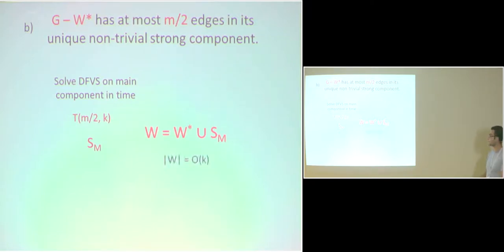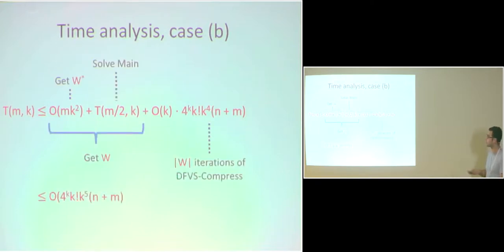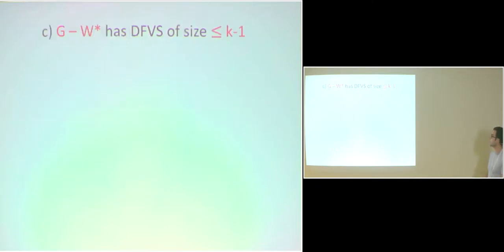And that's a feedback vertex set because after I remove W star, all of the other vertices that don't live in this component don't appear in any long cycles. And then you do the same. Again, you get some recurrence, and again, you check that that recurrence actually solves to linear time. This time, the reason is that the number of edges that you recurse on drops by a linear factor. Okay. Now, again, you have the last case, and you do exactly the same thing.